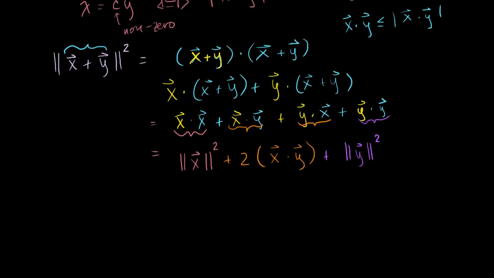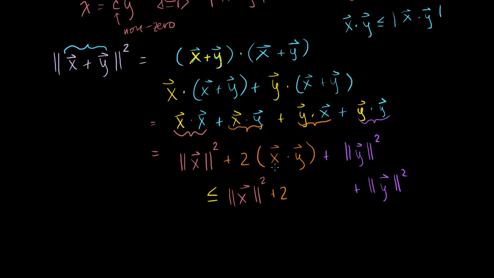So if I rewrite this statement right here, it is definitely less than or equal to this exact statement, but if I replace these with the lengths of the vectors. So that is definitely less than or equal to the length of x squared, plus 2, and I want to make it very clear what I'm replacing here. And then I have the plus length of my vector y squared.